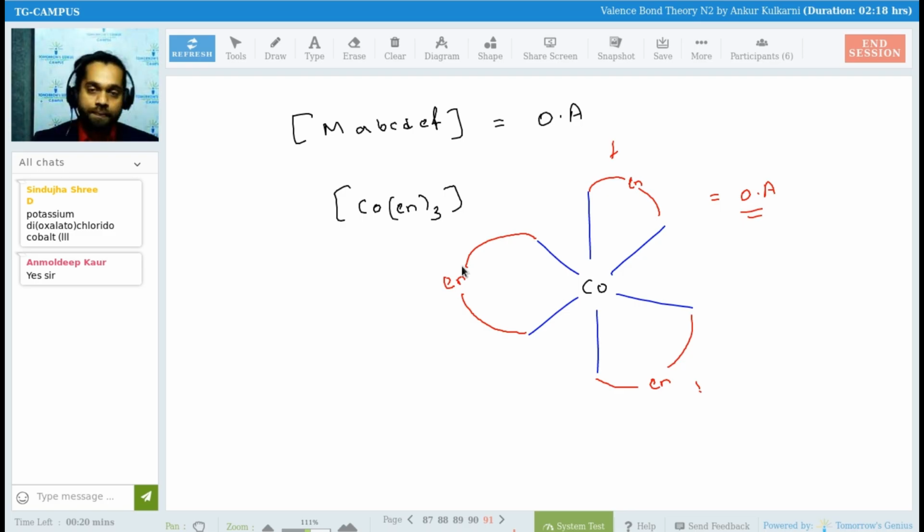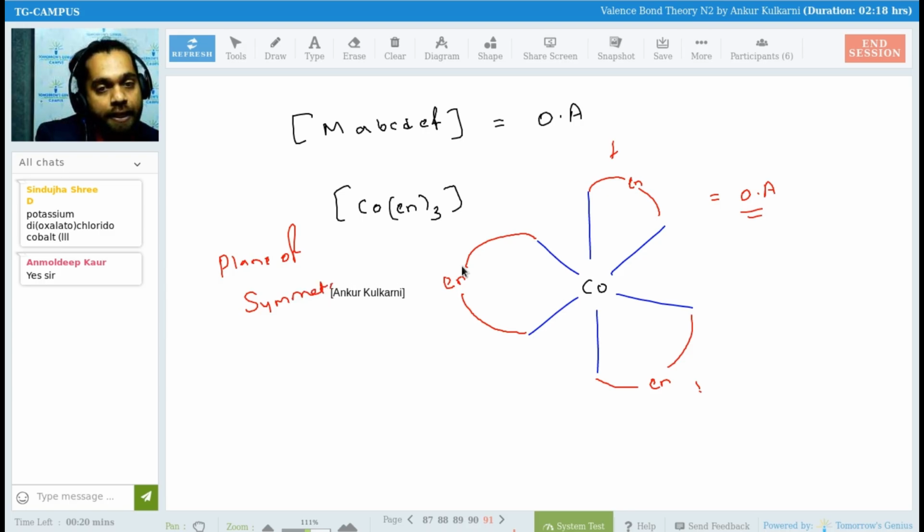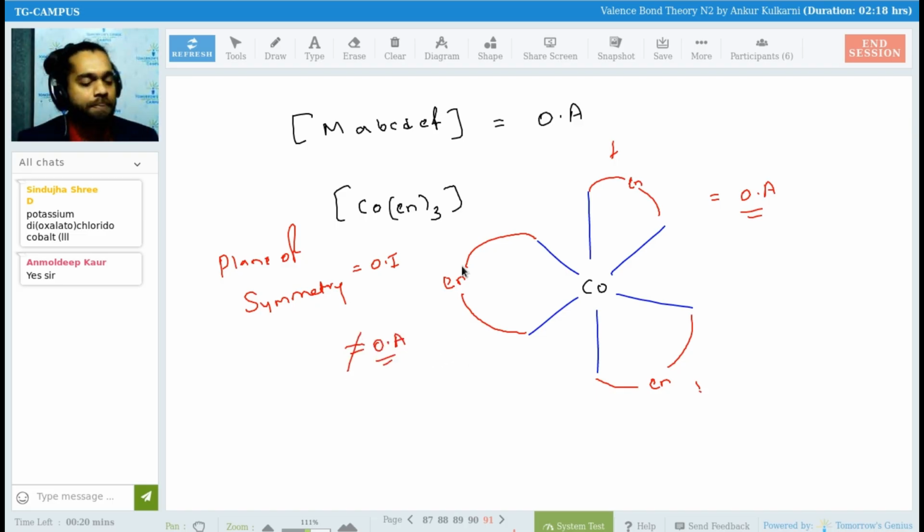Sarjan, Jason, is it clear? What you have to do is use your imagination and check for the plane of symmetry. If a plane of symmetry is present, then it is optically inactive. If a plane of symmetry is not present, it is optically active. Simple as that. Clear?